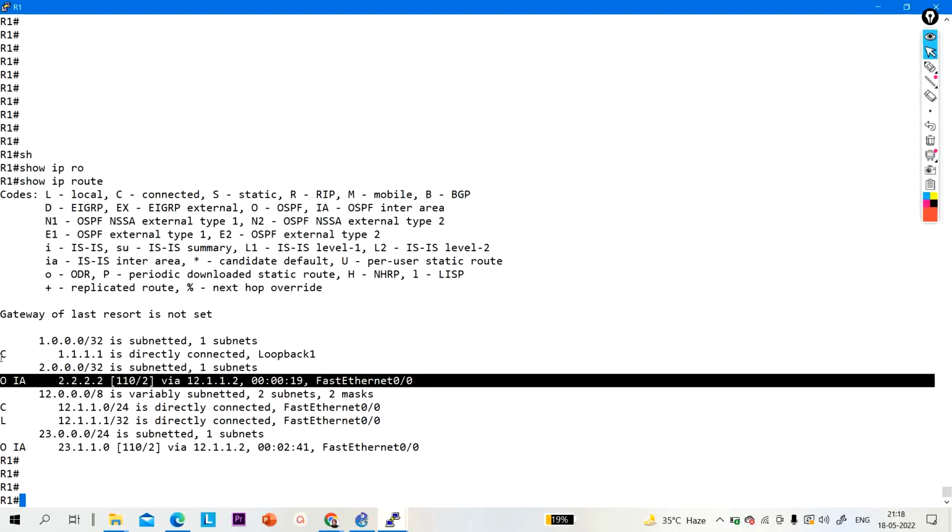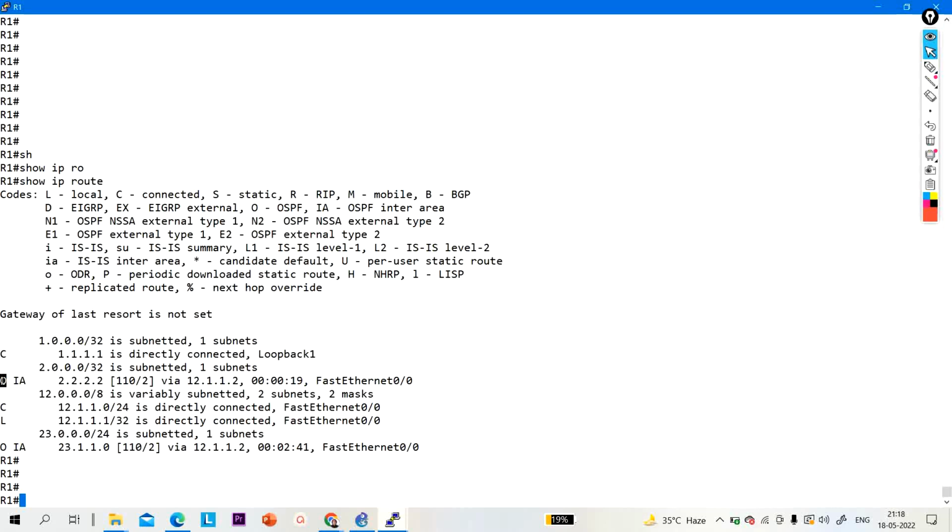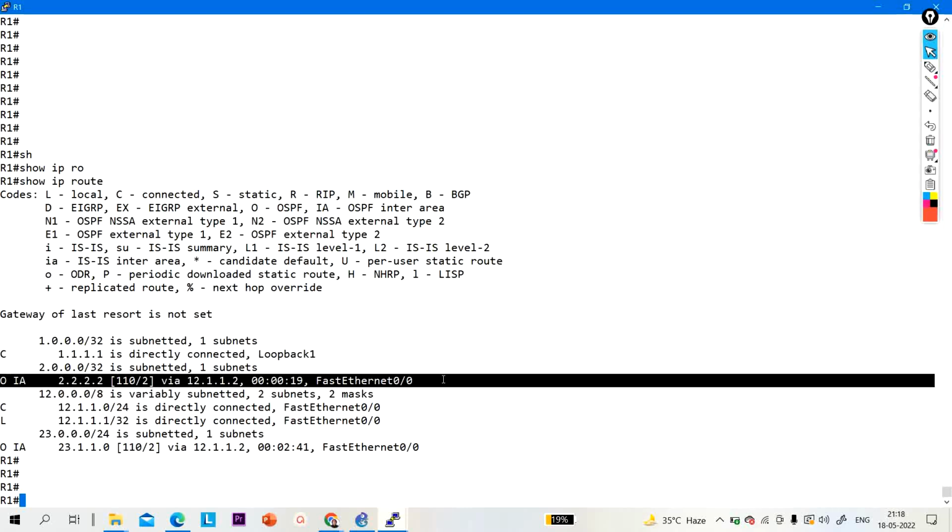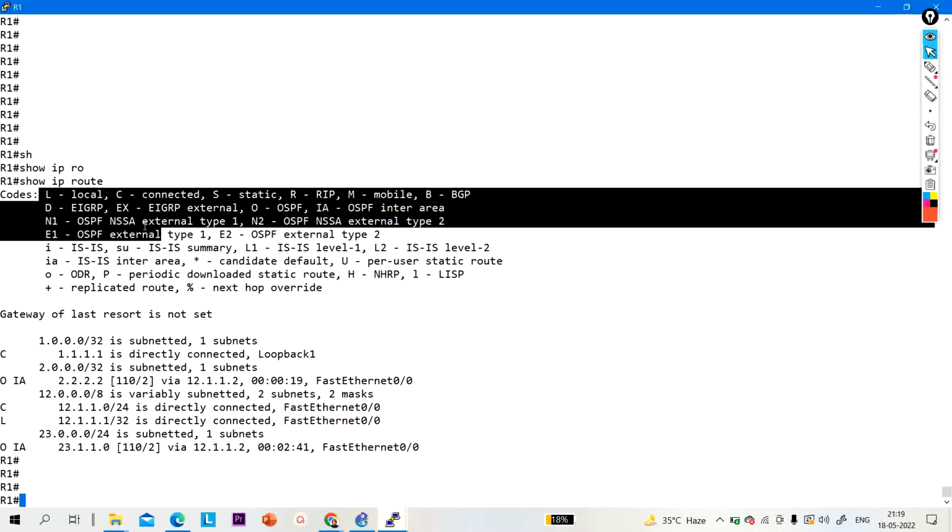Here you can see O means OSPF and IA means inter area. So this is the route of inter area. Inter area means different area and intra area means the same area, in my area. Here you can see IA.